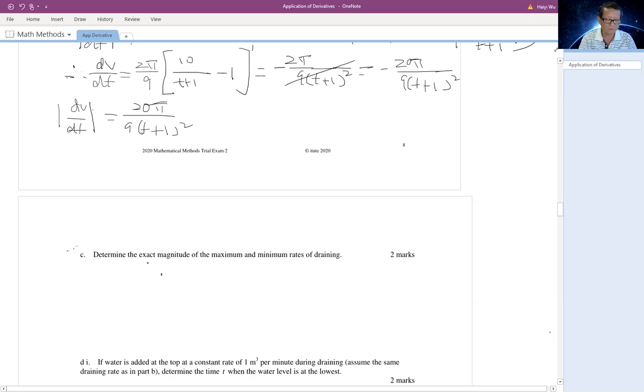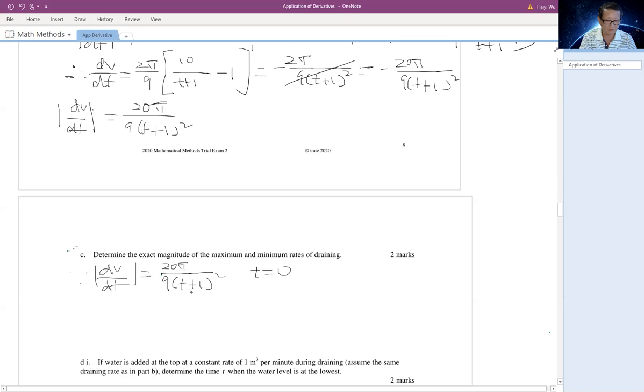What do I mean by maximum? The absolute magnitude of dV/dt, the draining rate, is given by positive 20 pi divided by 9 times (t plus 1) squared. To achieve the maximum value, T needs to be minimum, which is when T equals 0.